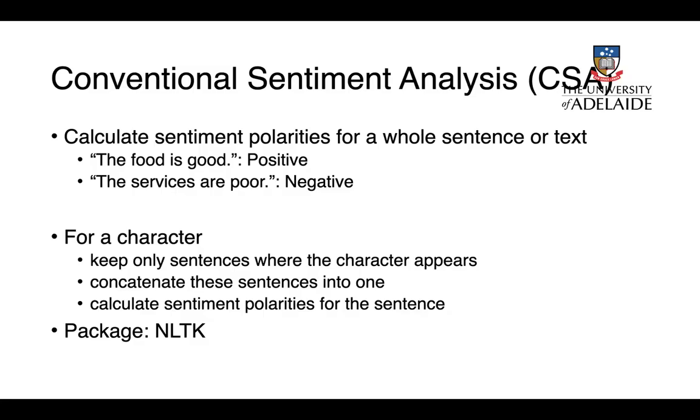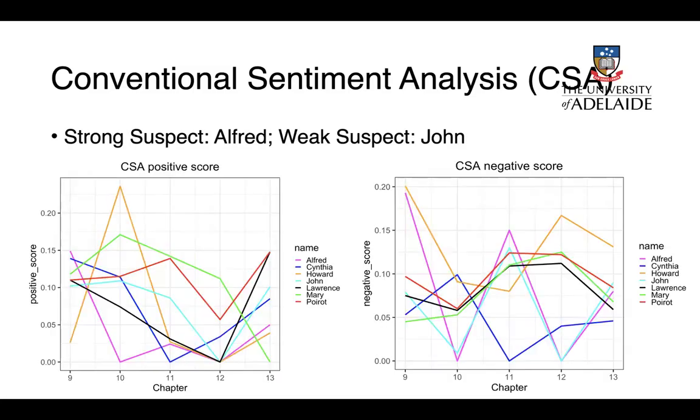We keep only sentences where the character appears, and we concatenate these sentences into one long sentence, and we calculate sentiment polarities for the sentence. The package we use is NLTK. It will calculate negative, neutral, and positive scores. This is the positive score and the negative score for each character in the last 5 chapters.